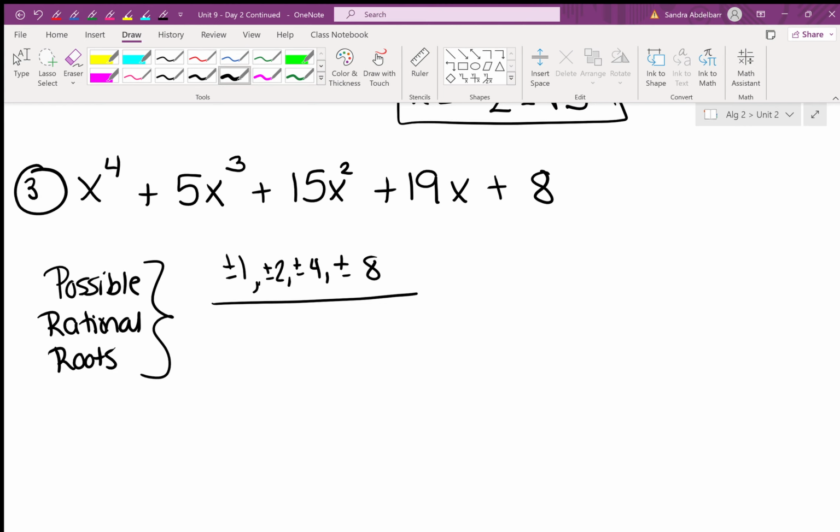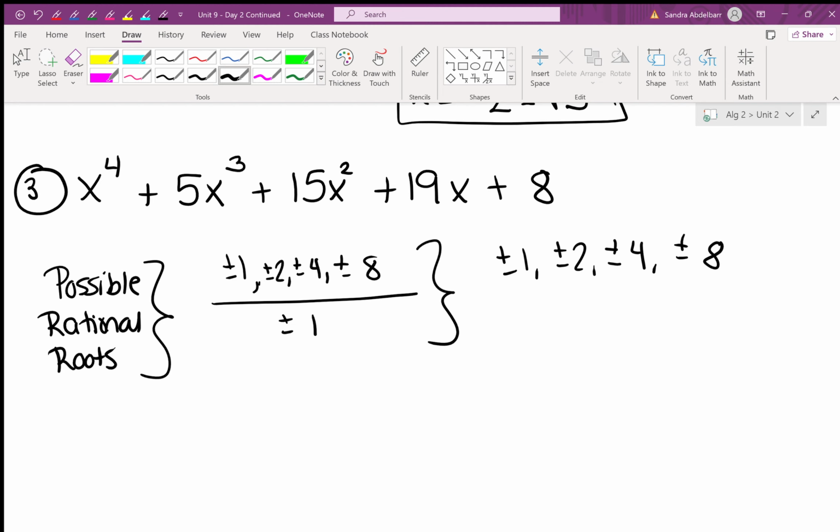It's not really that nice. All over plus minus 1. So our possible rational roots are just our numerators. 1, 2, 4, 8, all plus minus. All right, so right off the bat, when you come to use the synthetic substitution, what do I know is not going to work based on the original polynomial? The positive numbers.